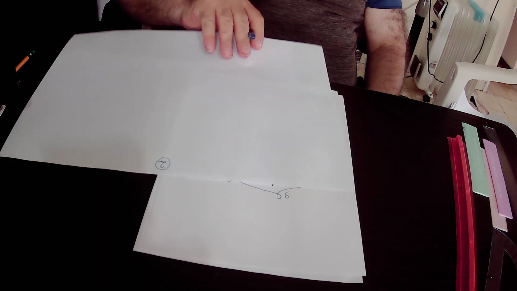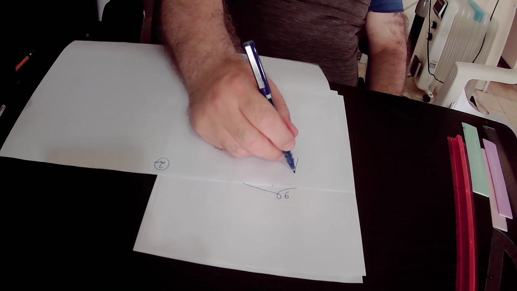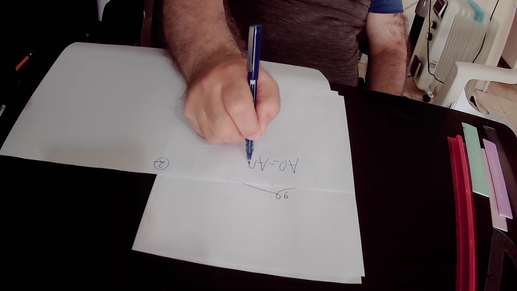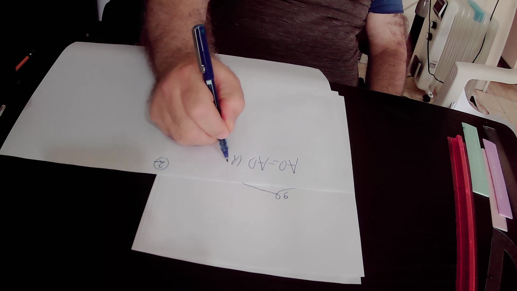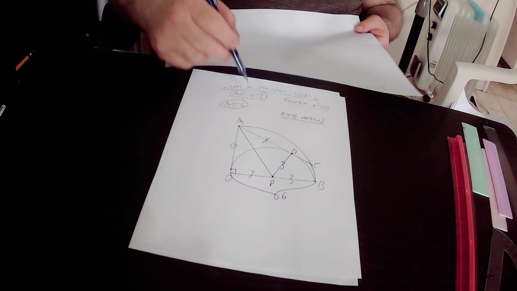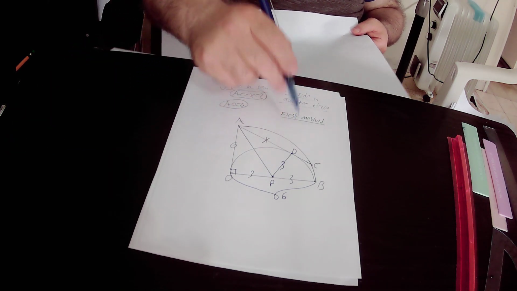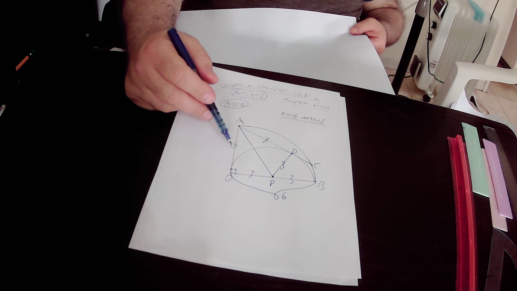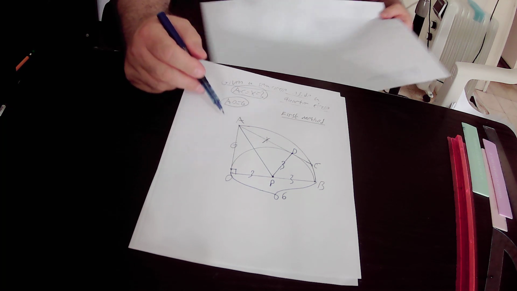According to rule number 1, AO must be equal to AD. But AO equals 6 units according to what is given in the question.